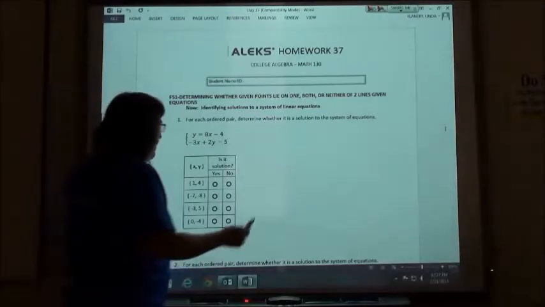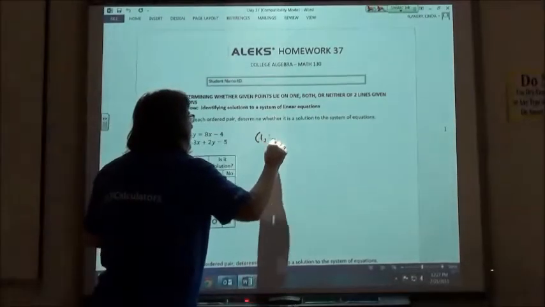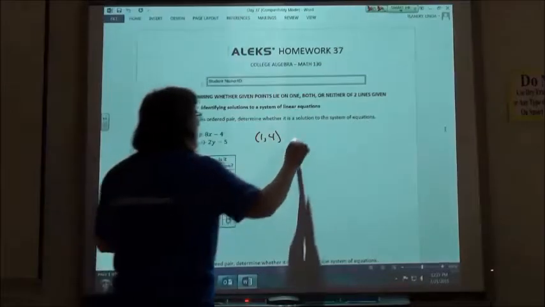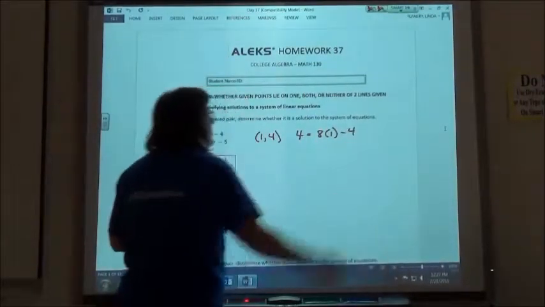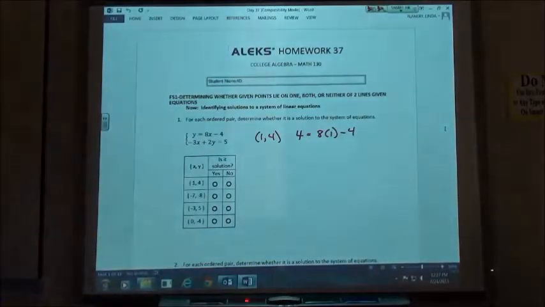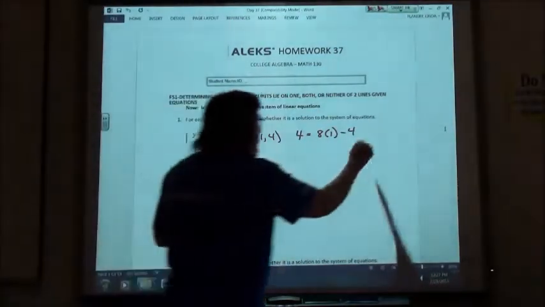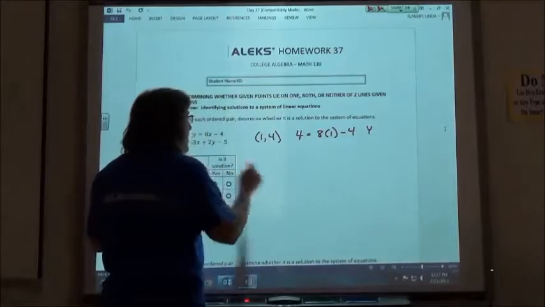So if I do the 1, 4, in my first equation, does 4 equal 8 times 1 minus 4? Yes, it does, right? So then I would check it in my second equation.